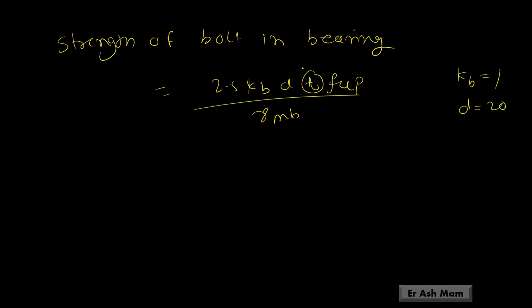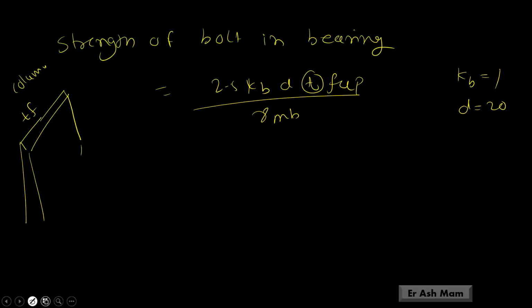Next is thickness. Thickness should be minimum out of the two plates. One plate is the thickness of flange of column, and the angle is connected to the flange of column. Here is the angle plate.